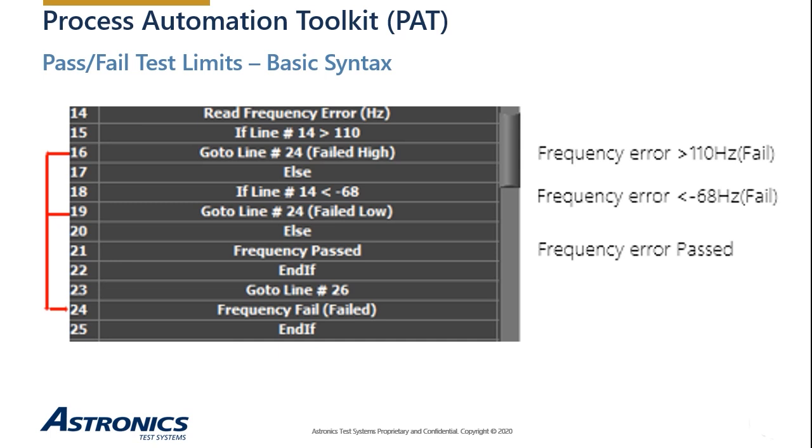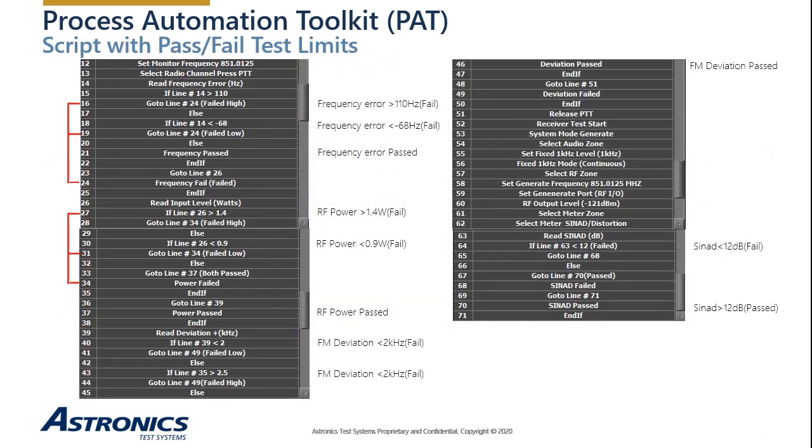Here we can see those pass and failed test limits being used to test the frequency, as we just saw in the previous slide. And if it passed, we jump around and go to read the power, check the power levels, upper and lower.